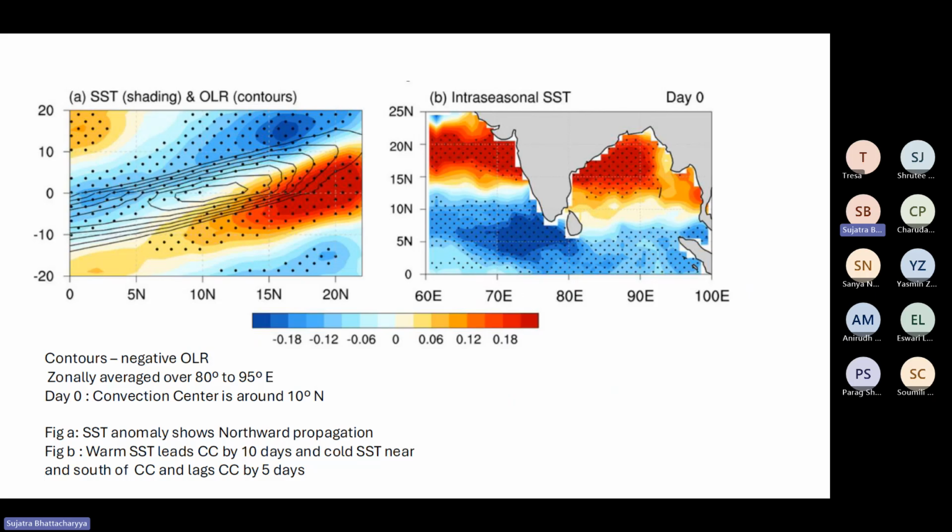Also, given that with monthly mean sea surface temperature, with only the AGCM, we should be able to get northward propagation. The monthly sea surface temperature is basically the opposite of what we get: heating near the equator and cooling at the higher latitudes.